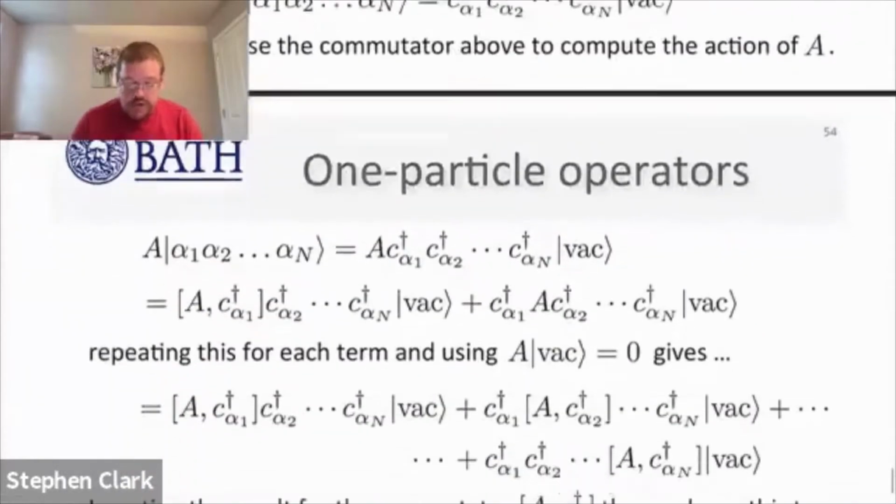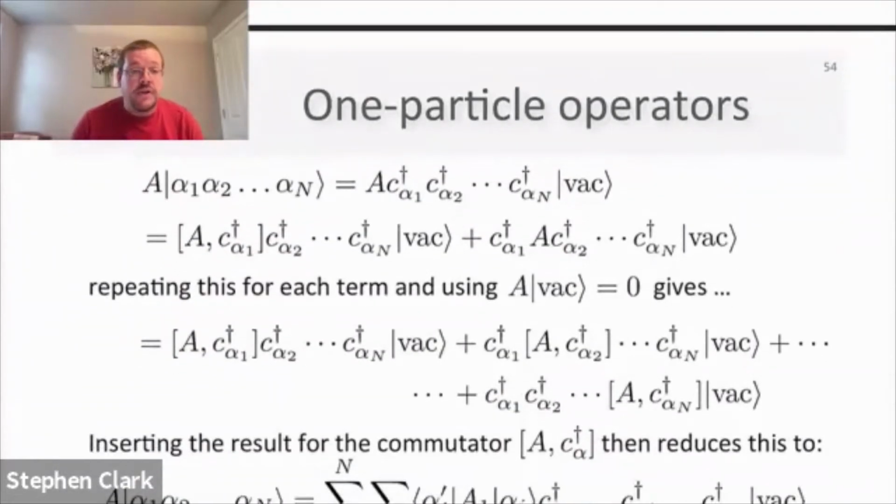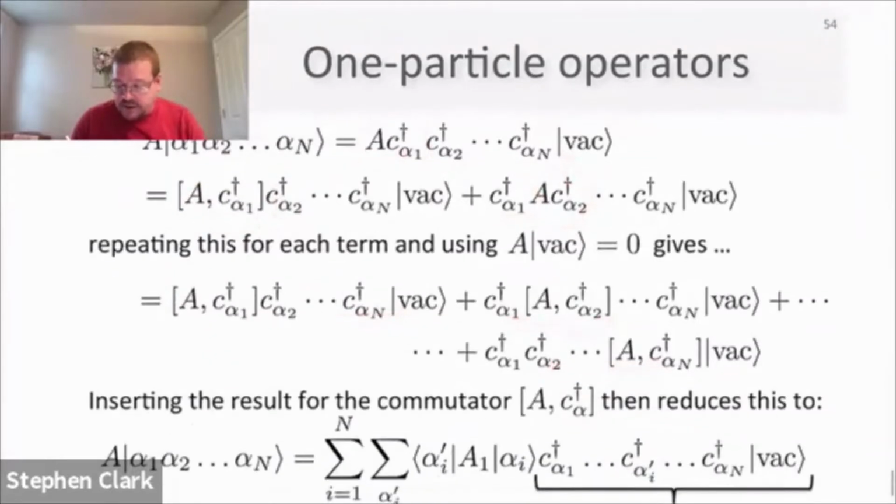Well, you use the commutation relation of A with each creation operator. So you first apply it to this one to shuffle it around, and then you apply it to this one. So you end up with this chain of commutation relations until you get to the end here, where you use the fact that it disappears on the vacuum.